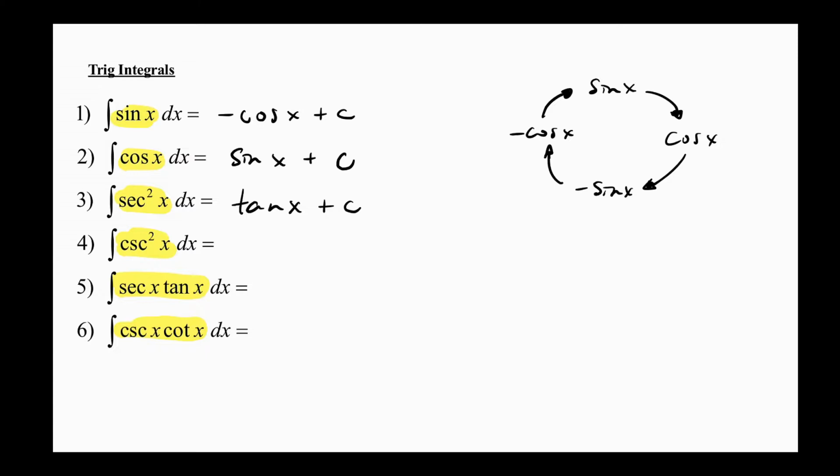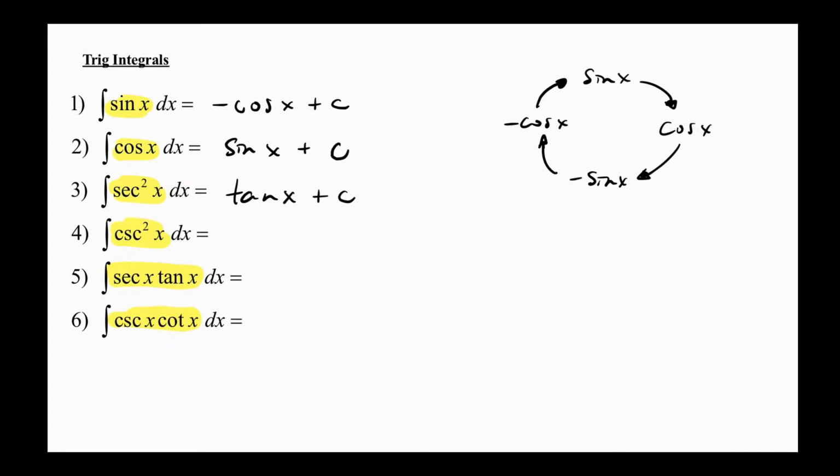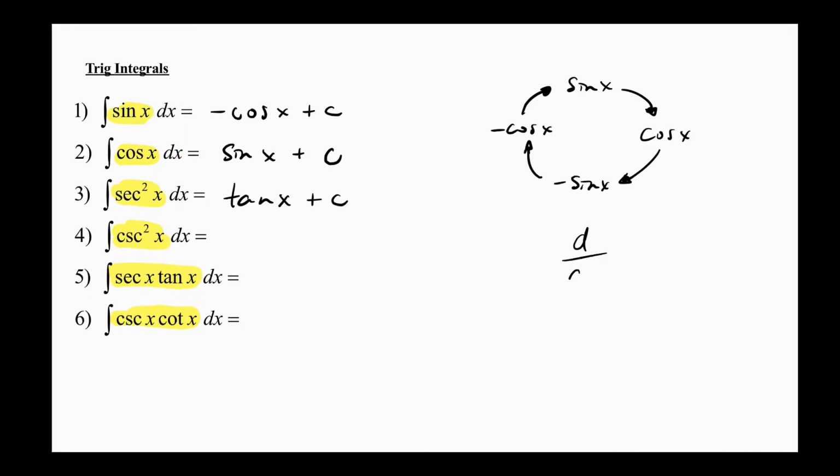Cotangent, but there's a little caveat there, right? The derivative of cotangent is negative cosecant squared. So how do I answer this question? There you go. Yep.